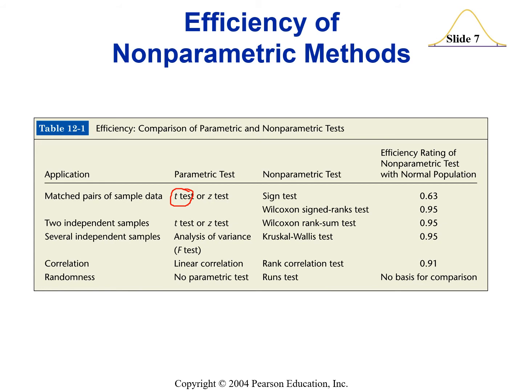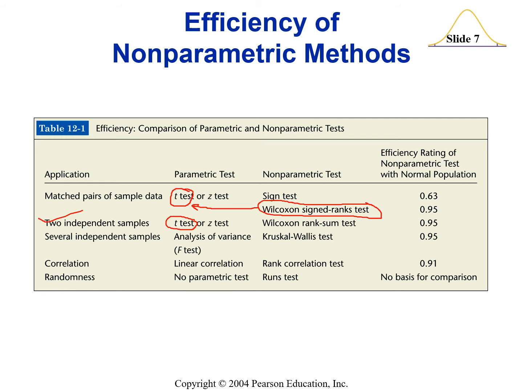In non-parametric testing, we are going to see the Wilcoxon signed rank test. The Wilcoxon signed rank test is the corresponding non-parametric test for the parametric t-test of two paired samples. Also, for two independent samples, we use the t-test for two independent samples.